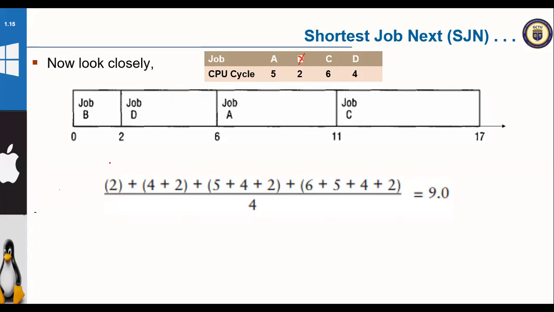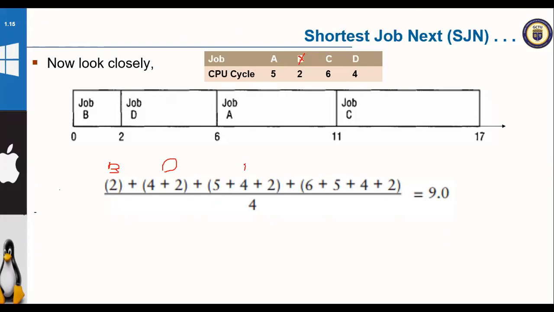Let me just write them on top. This is for B. This is for D. Then we have the next job, A, which has a CPU cycle of 5. But A was executed after D, which was 4 plus 2. So you have 5 plus 4 plus 2.